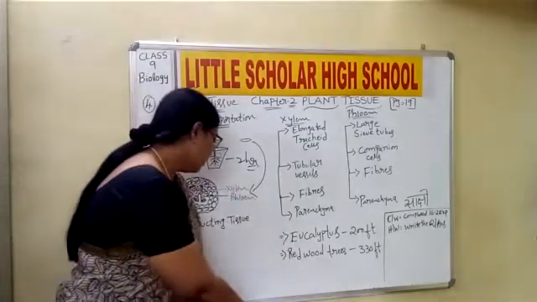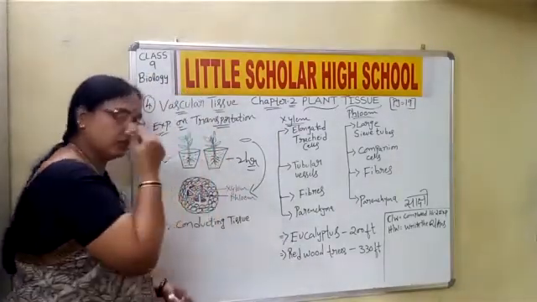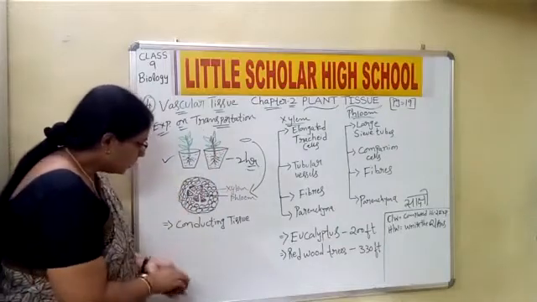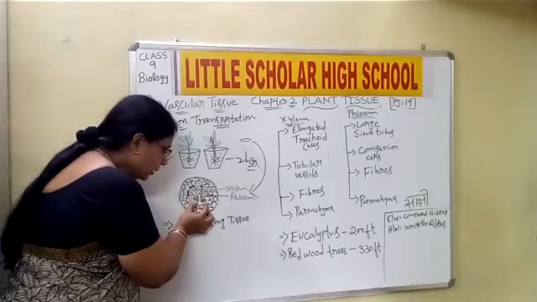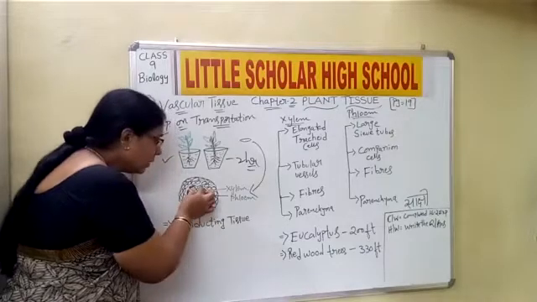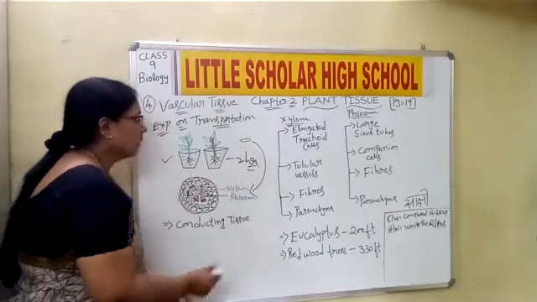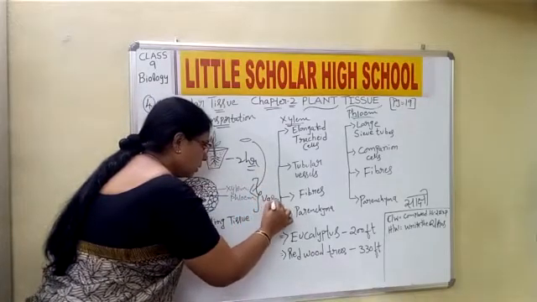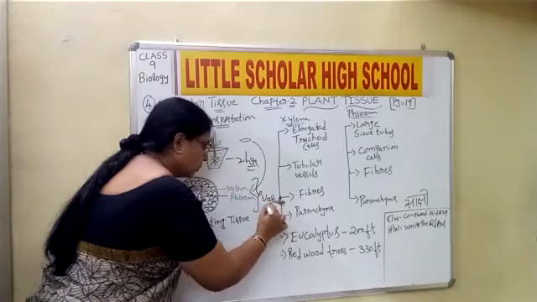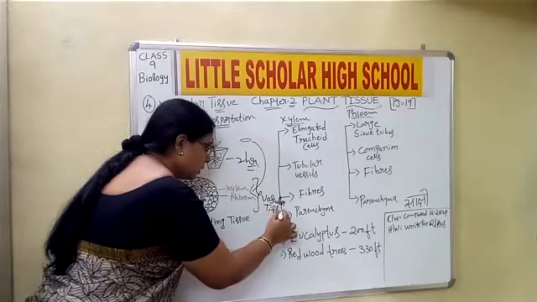Now when we cut this small section of the stem, we observe that these are the center part of the tissue, the cells, which make the vascular tissue. This xylem and phloem make the vascular tissue.